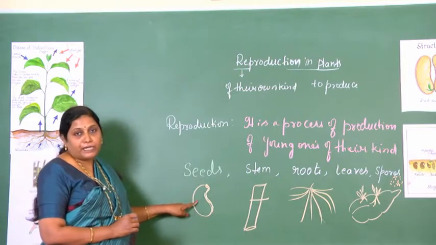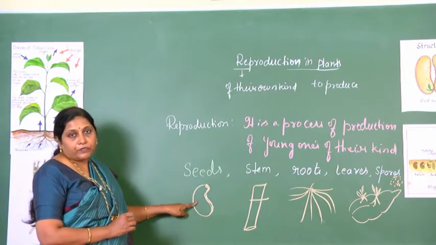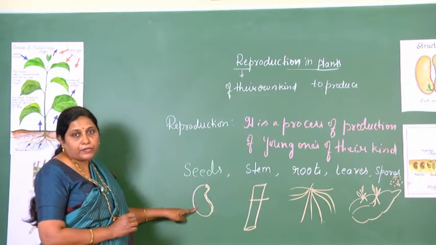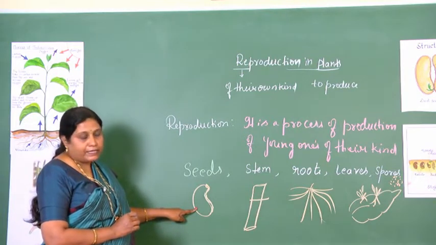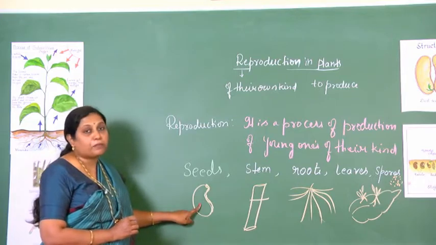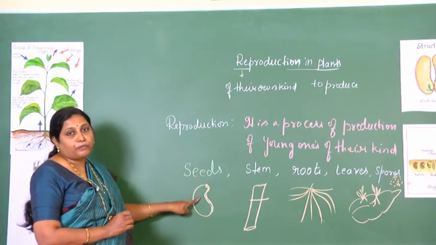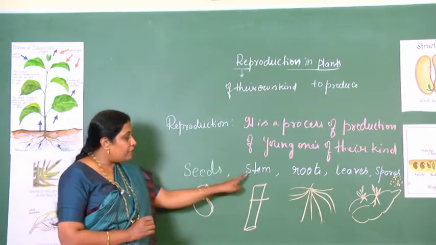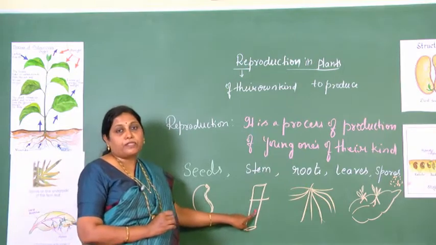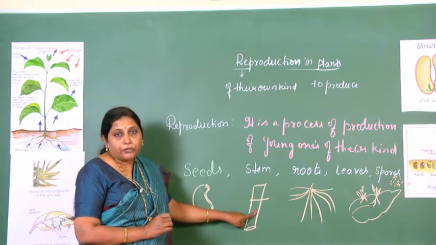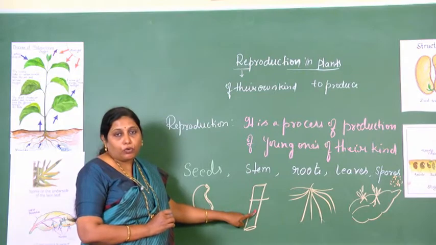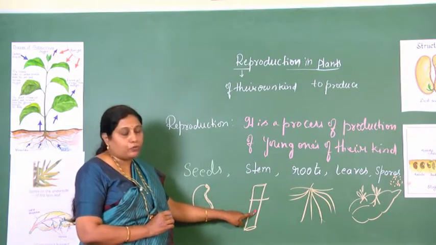Okay. The plants which can be grown from the seeds, for example, cereals, pulses, groundnut, bean seeds, isn't it? These are some of the examples of the plants which can be grown from the seeds. Some of the plants which can be grown from the stem may be potato, ginger, rose, hibiscus and so on.